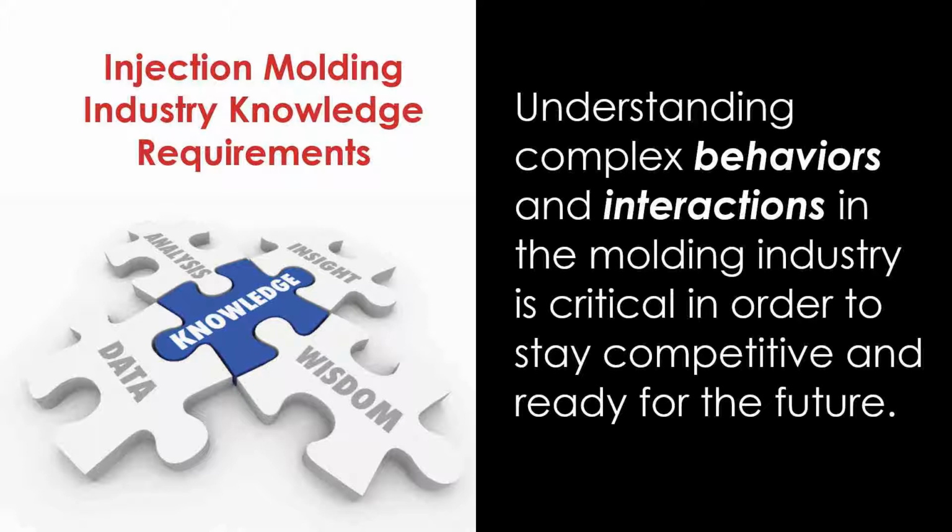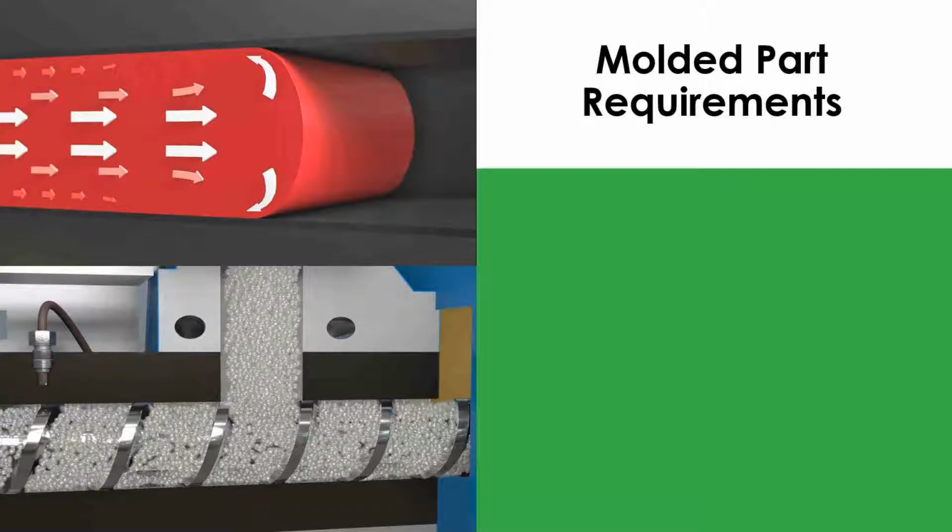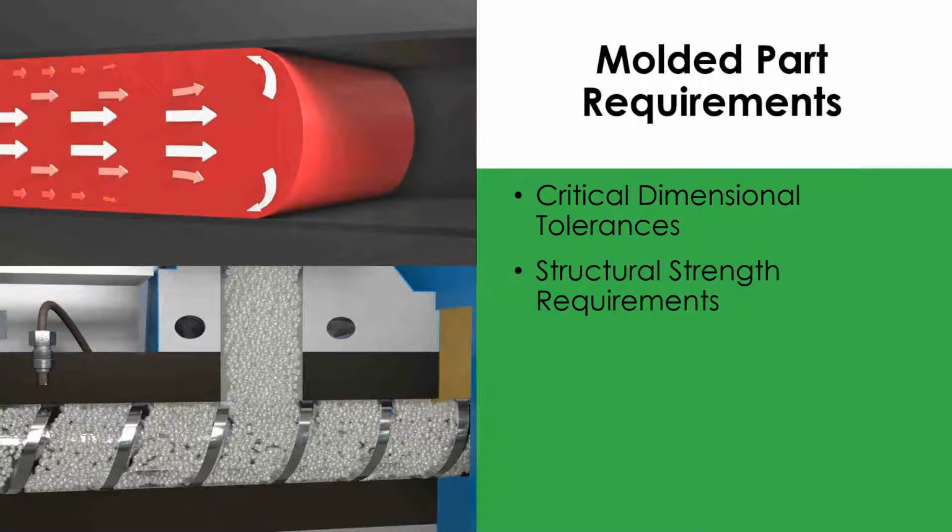Each molded part has certain requirements, so we need to figure out what these requirements are. There are, for example, critical dimensional tolerances we need to know about. Then there are structural strength requirements we need to address with the part design.